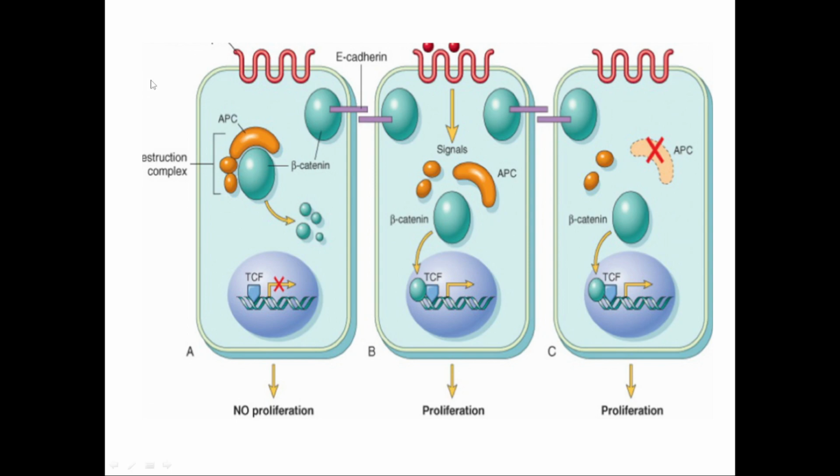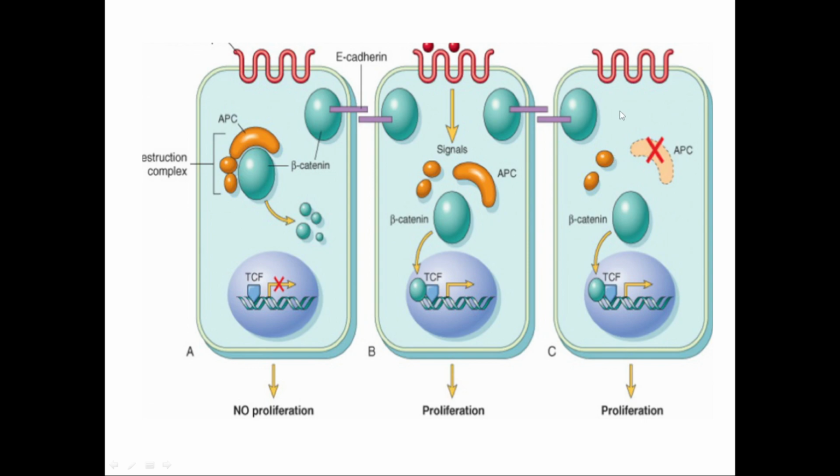The beta-catenin undergoes degradation by the APC gene product or protein. When the receptor, which we call the WNT signaling pathway, binds on the surface of the cell, what happens? APC dissociates from beta-catenin and the beta-catenin causes proliferation of the cell.